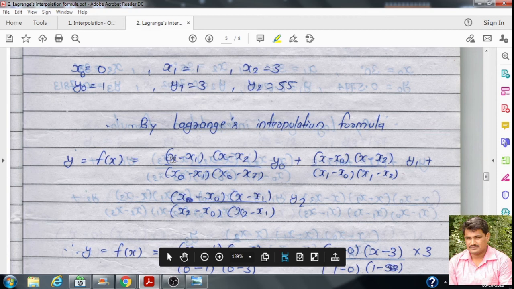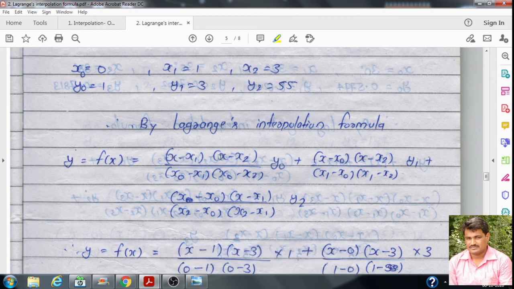Here we skip the first point, x minus x0. Then we write x minus x1 into x minus x2 divided by, replacing x by x0, x0 minus x1 into x0 minus x2, into y0. Plus, in the second term we skip x minus x1, then we get x minus x0 into x minus x2 divided by, replacing x by x1, x1 minus x0 into x1 minus x2, into y1.